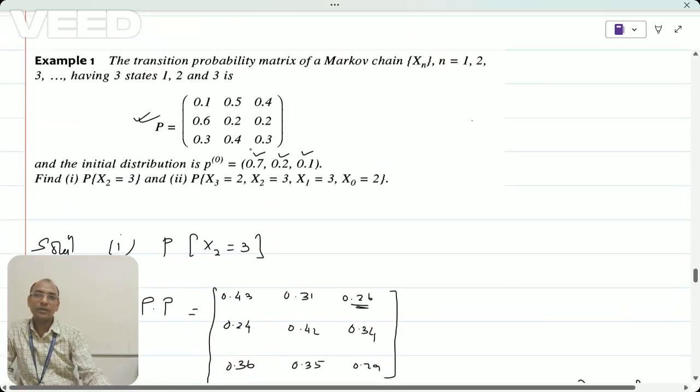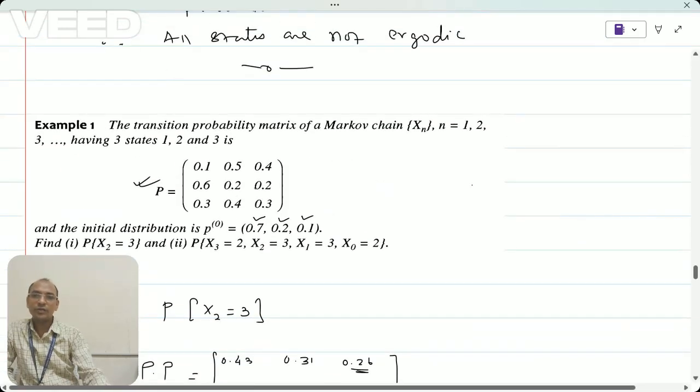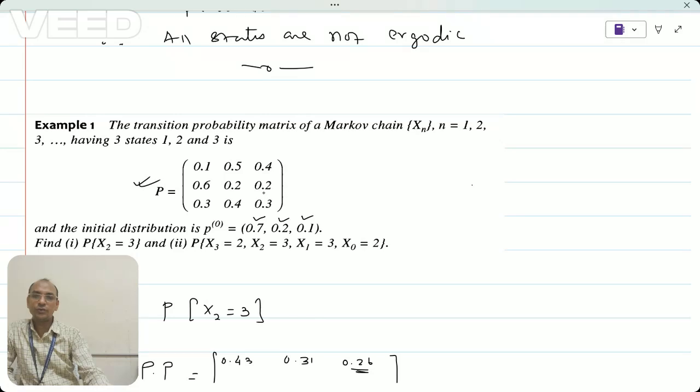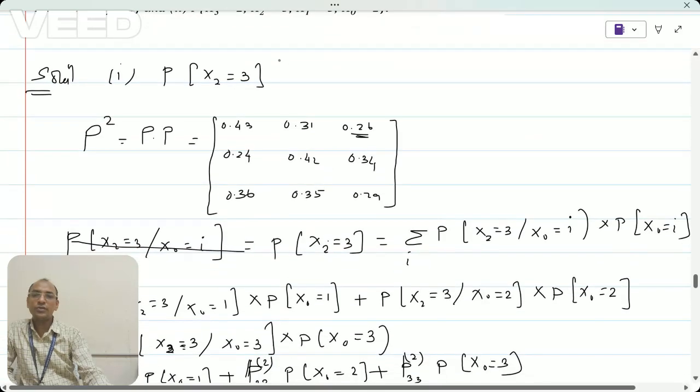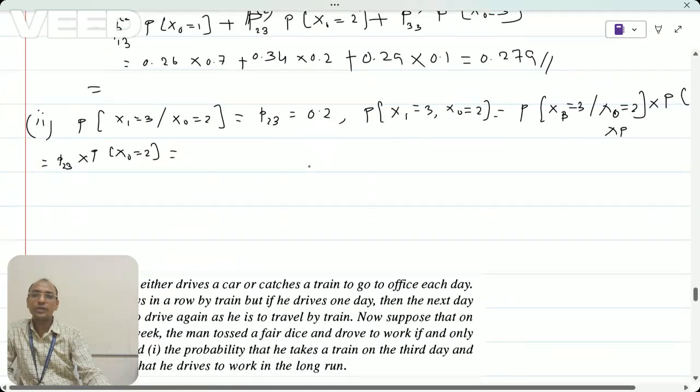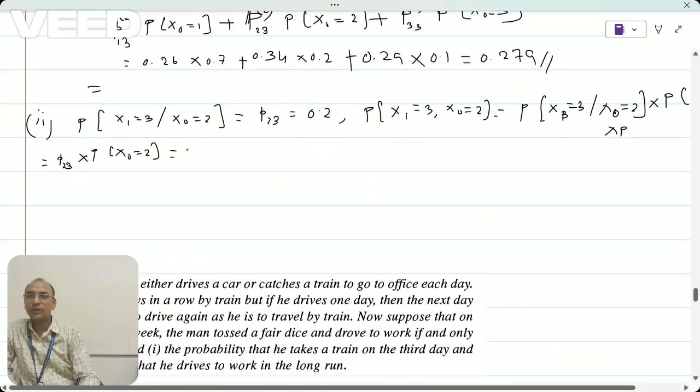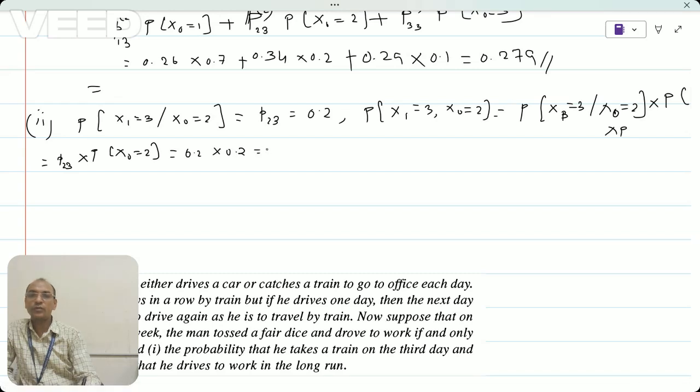P23 in the initial TPM is 0.2, and here probability of x0 equal to 2 is 0.2. And so we can have 0.2 into 0.2, so we will have 0.04.